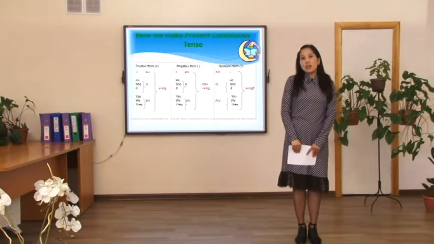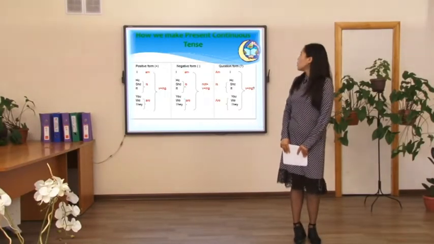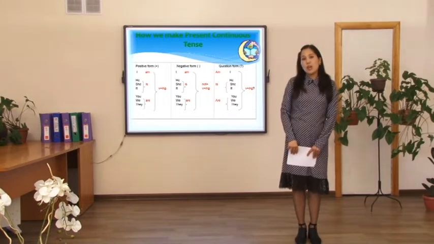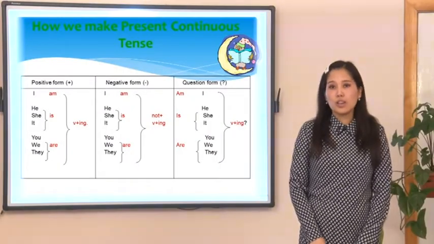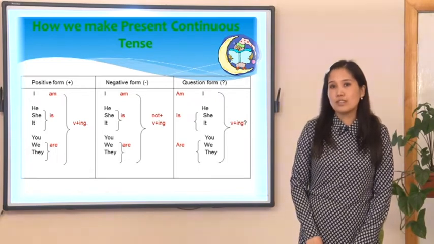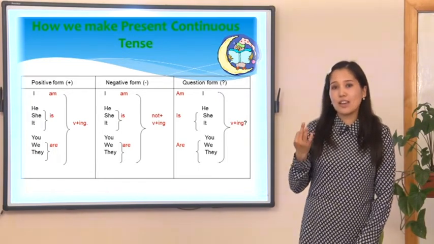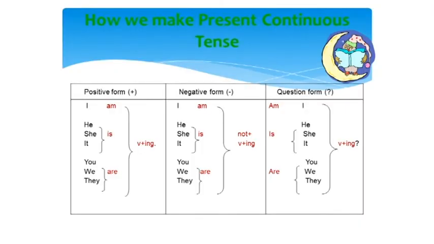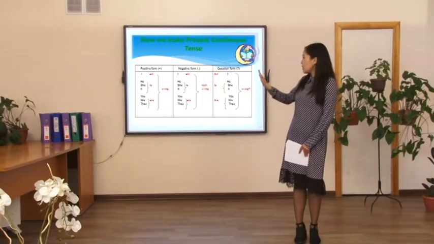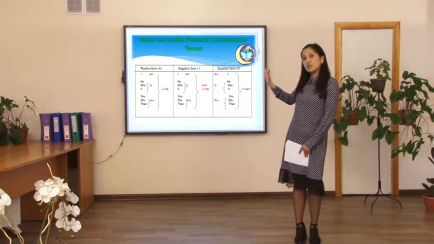Here I want to show you how we make present continuous form. Before, as I mentioned, we talked about three forms. They are positive, negative, and question. Here we have the letters that I will show you once again. For example, positive form, we can also use plus, negative form, minus, and question form, question mark. Positive form, you know, subject, to be, verb plus ing form.